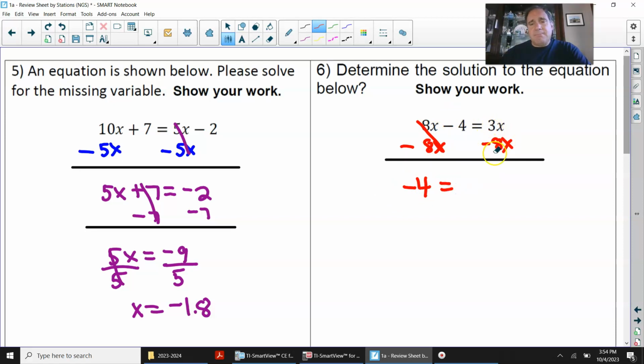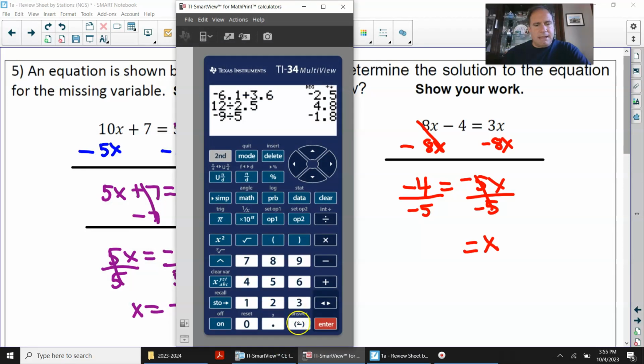So we have 8 minus 3. So that's negative 5x. And now we're going to divide by negative 5, and we get x equals negative 4 divided by negative 5, and it is 0.8.